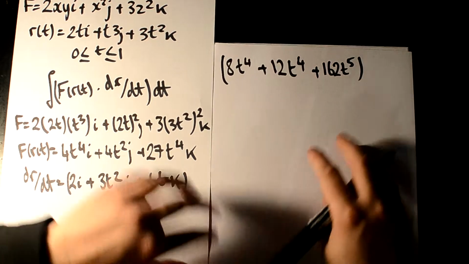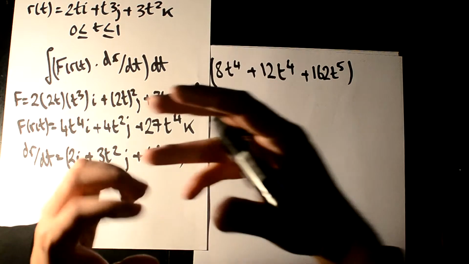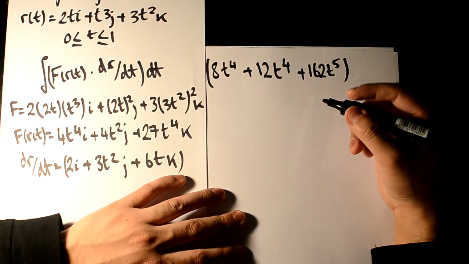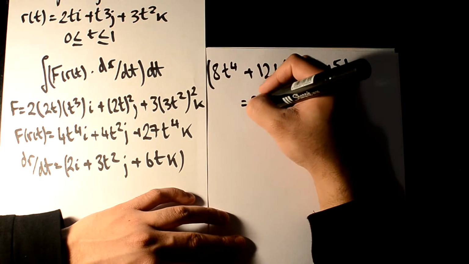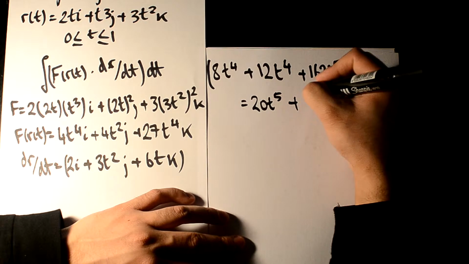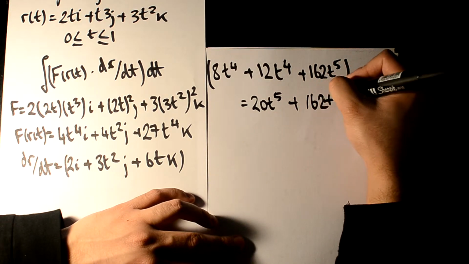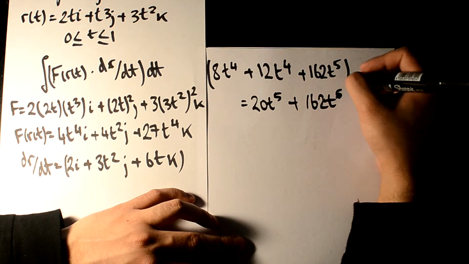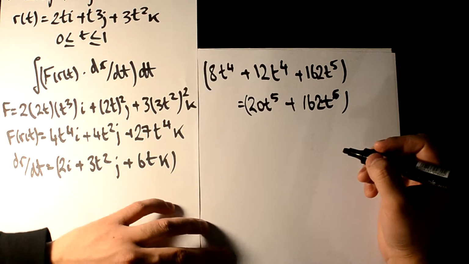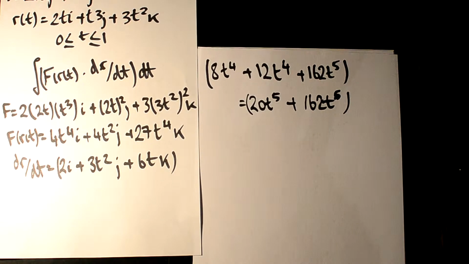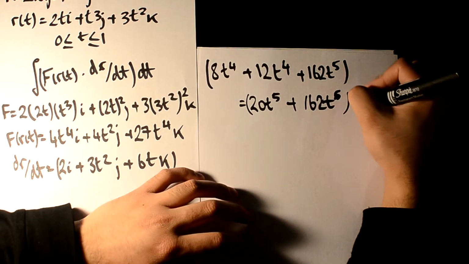Also, make sure your i, j's and k's disappear. Oh, you can make this a little bit easier for yourself, actually. There we go. That looks good to me in terms of dt.